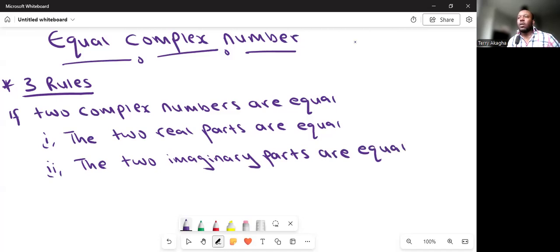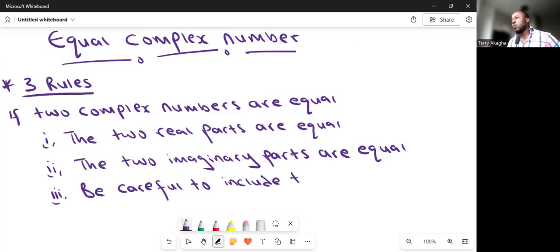And also, you have to be careful to include the signs. So the two complex numbers are equal: the two real parts have to be equal, the imaginary parts as well as the sign.